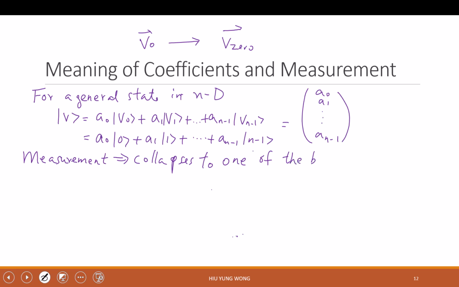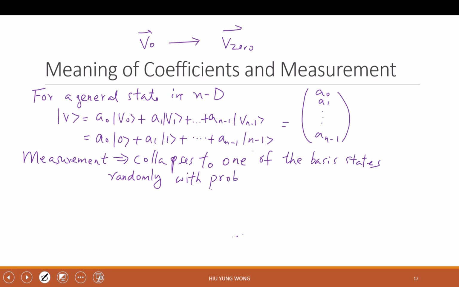But how? Is it deterministic? No. Randomly, but with a probability, right?